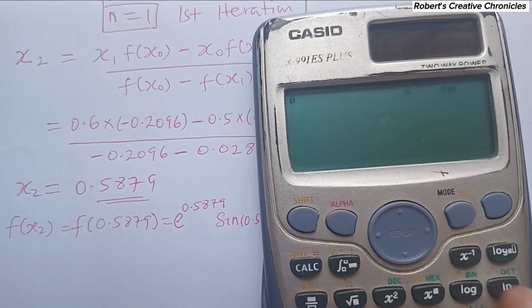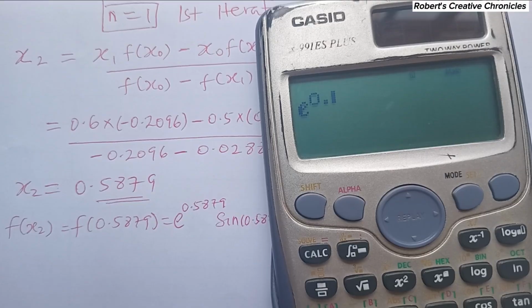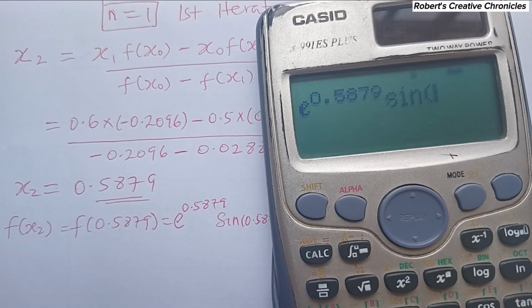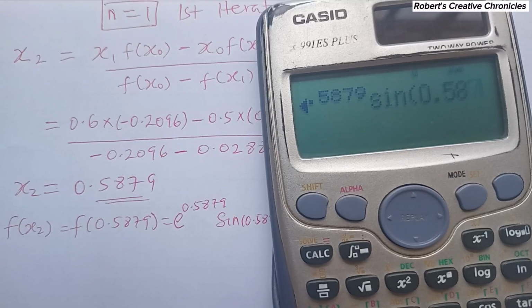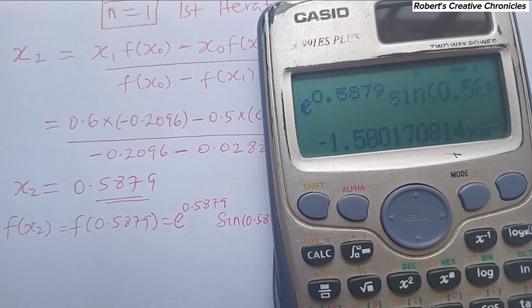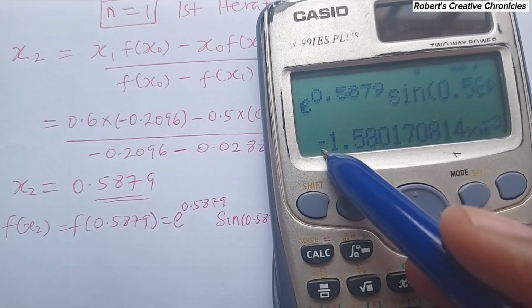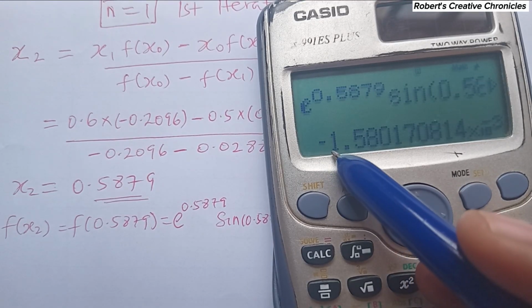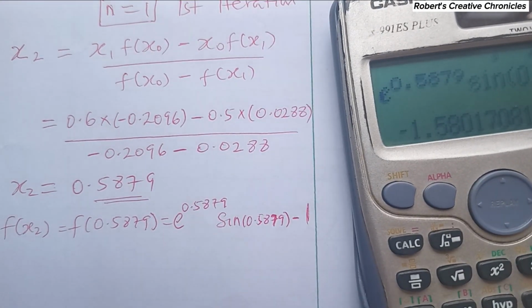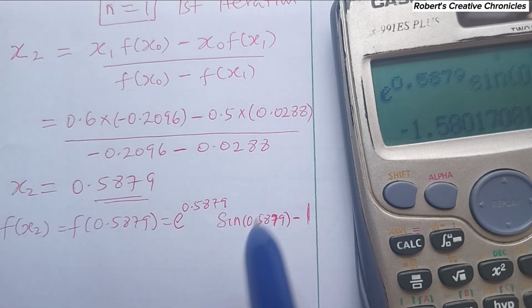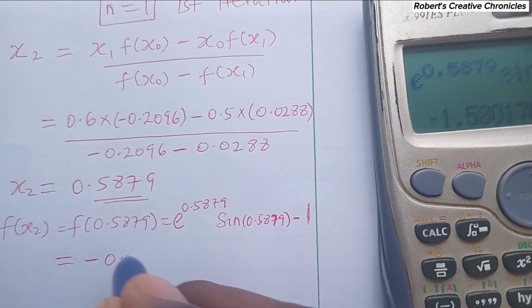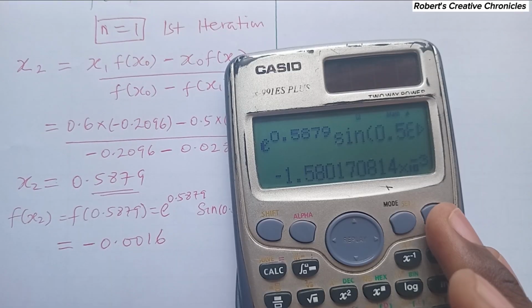Make sure it's in radian. No, there will be two zeros before this 1, so it will be negative 0.0016. So this will be negative 0.0016.